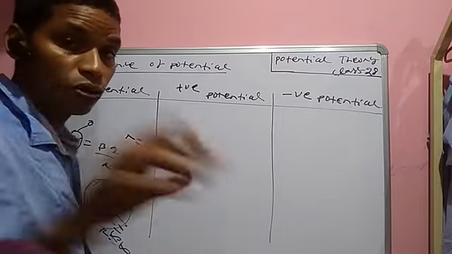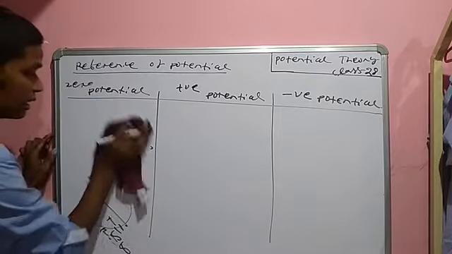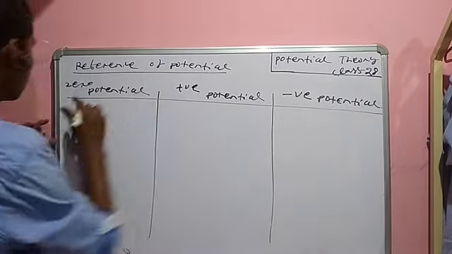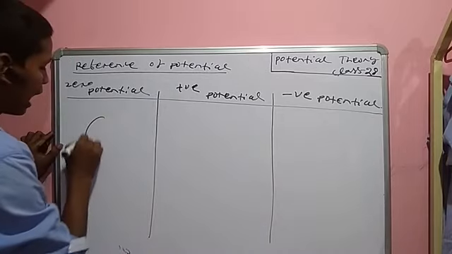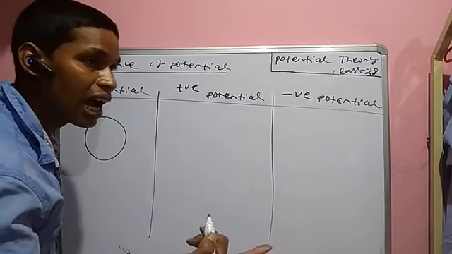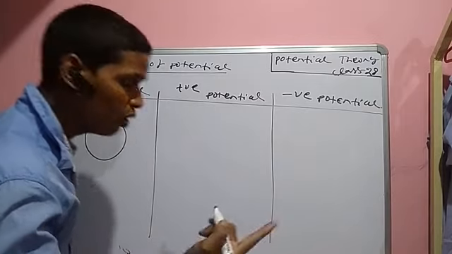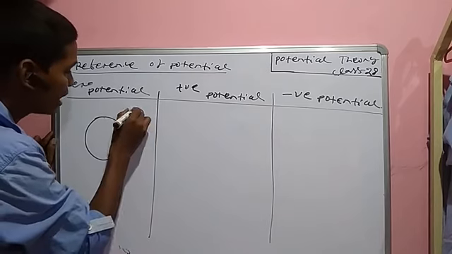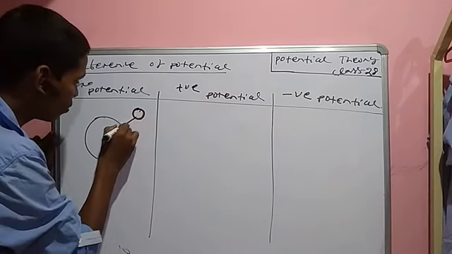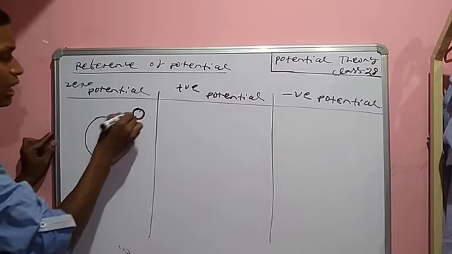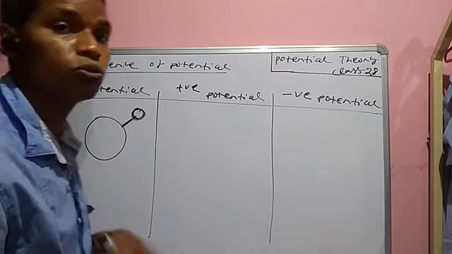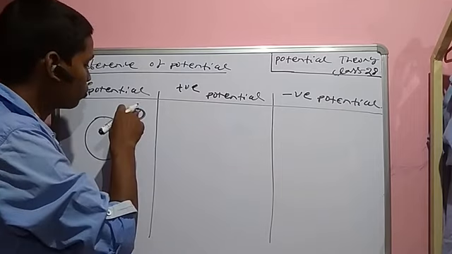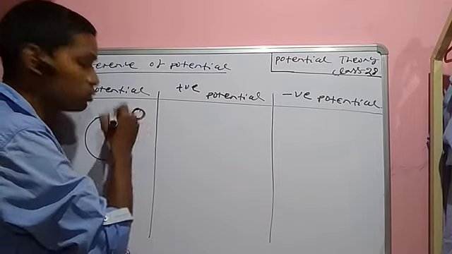So zero potential means Earth has potential zero. Or another body, suppose a charged body is connected to Earth, then it also has potential zero, because the whole charge is transferred to the Earth.